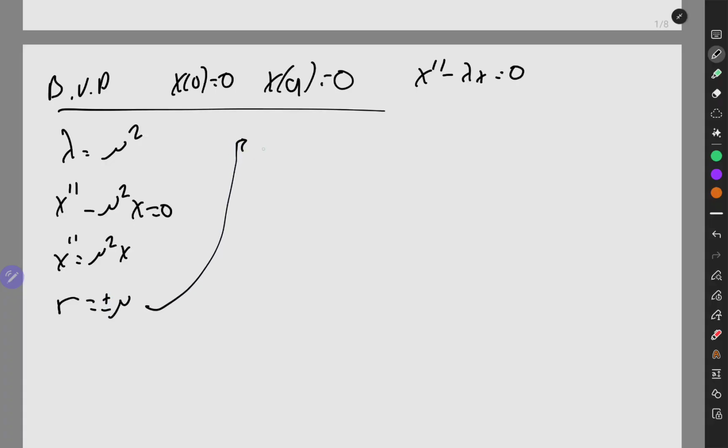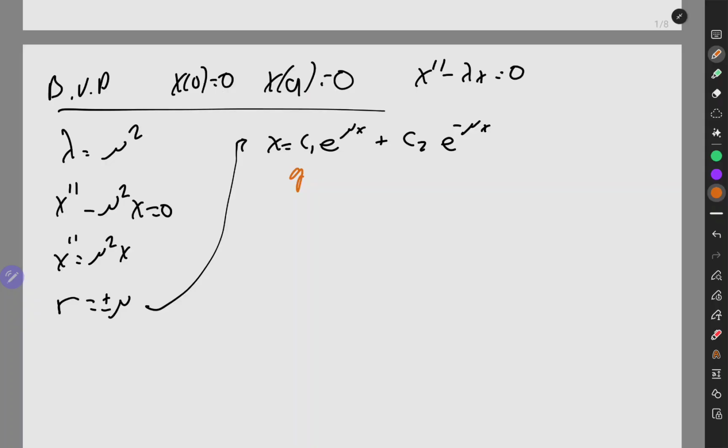So you go up to here, you're going to get this. These are little x's, by the way. Little x. That's negative.